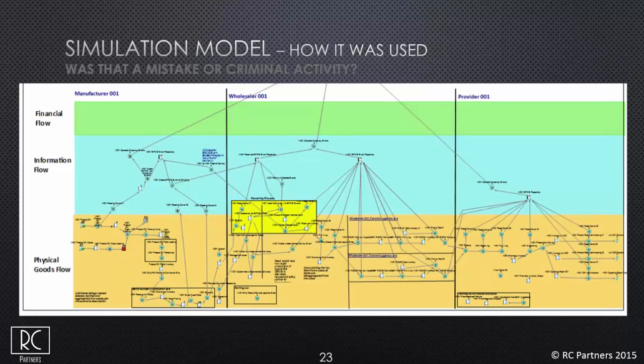That was another area where the simulation really helped us understand what was going on and how we could keep both legitimate product and legitimate information flowing through the supply chain and keep it secured at the same time.